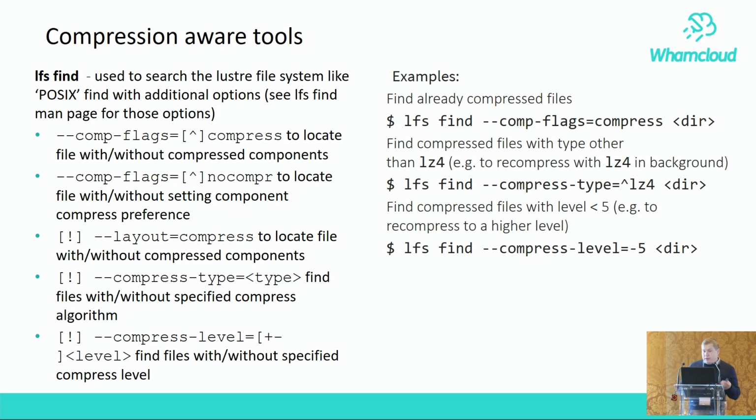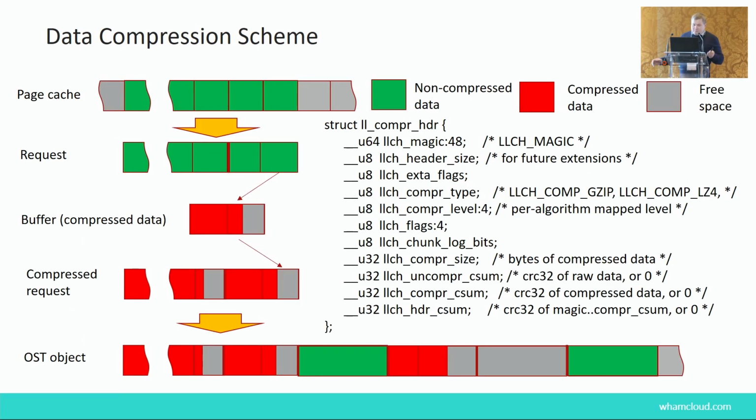So lfs find has quite a flexible set of parameters to find files of a given type with a given algorithm, level, etc. So the utilities are simple, but how is this prepared? I heard the idea that it's impossible. It's possible, but I need to explain the approach.